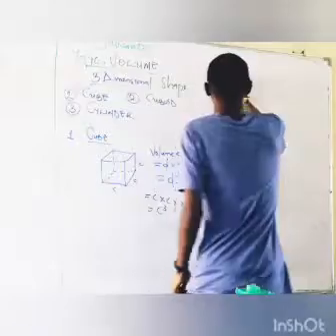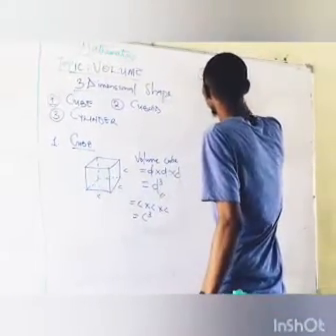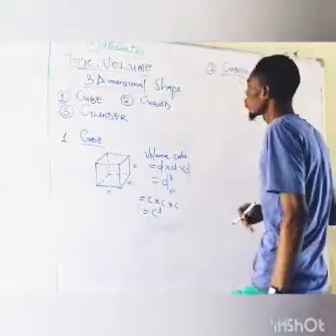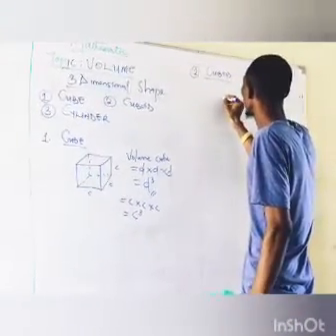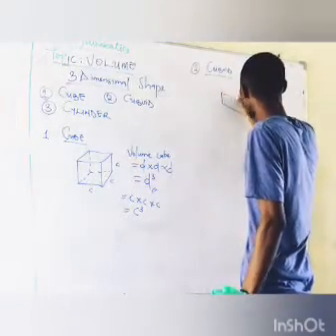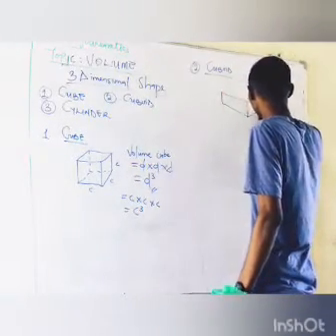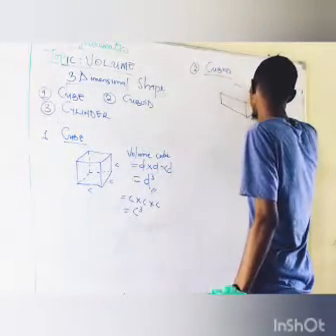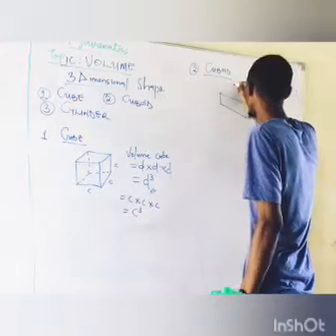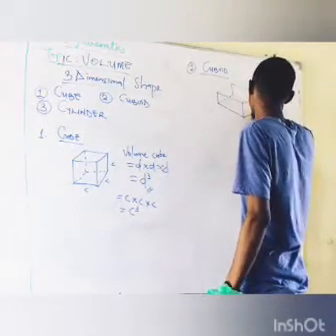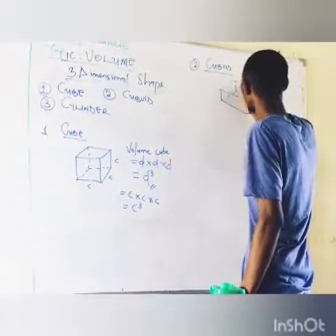Now the next shape we'll be considering is the cuboid. Let's assume our cuboid looks like this.